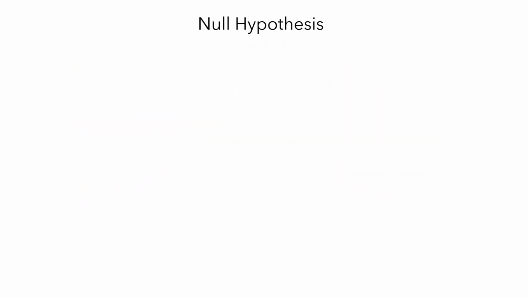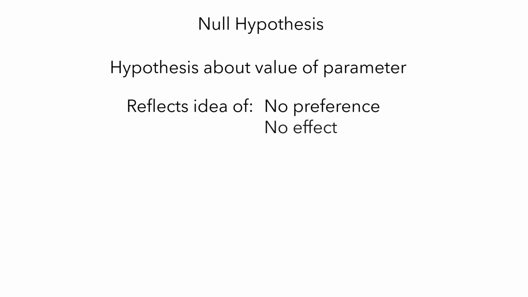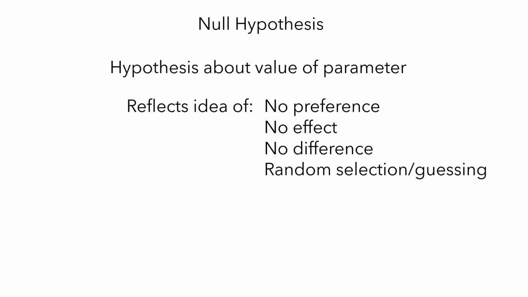Now, let's summarize what we've seen here. We've looked at several examples of null hypotheses. A null hypothesis is a hypothesis about the value of the parameter that reflects the idea that there is no preference or no effect or no difference or that there is random selection or guessing, although the specifics will be different for every scenario.